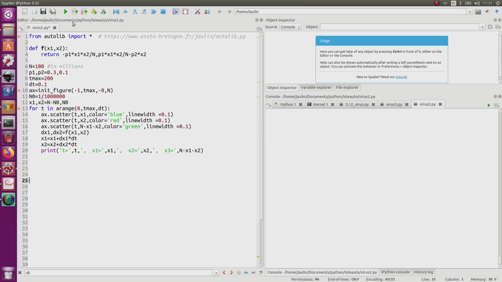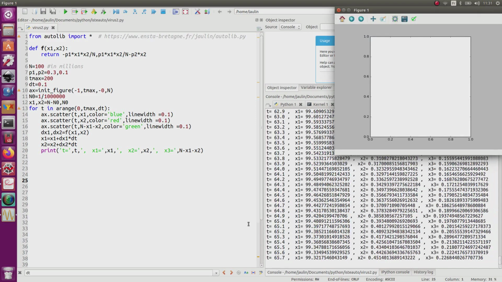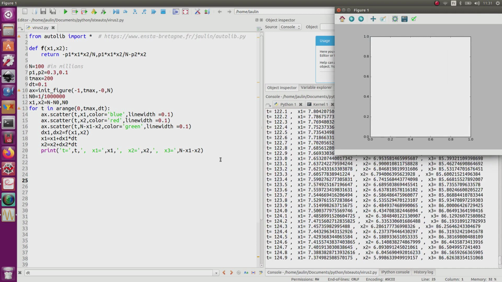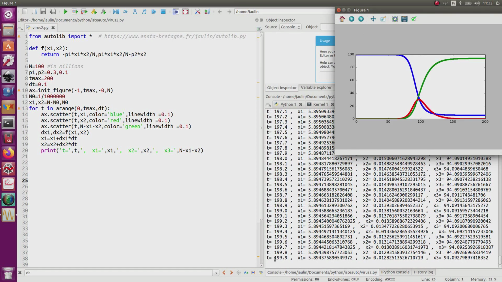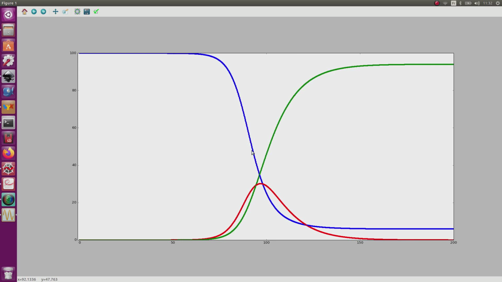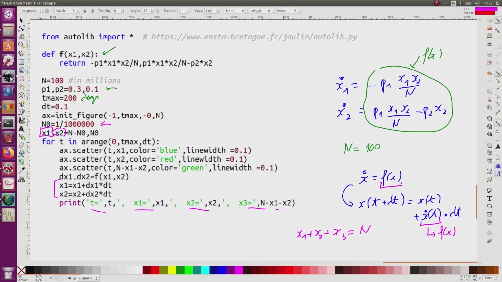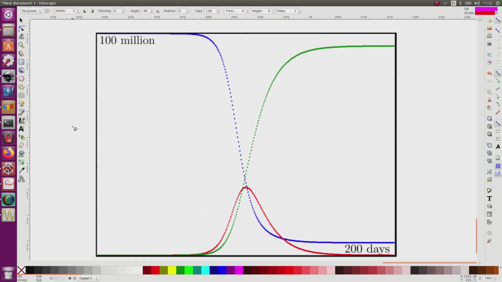I run the Python program. I see all numbers since I print them here, and I can see the evolution of x1, x2, x3 with respect to time t. This is my graphic. So I will try to interpret this graphic, which is given here.